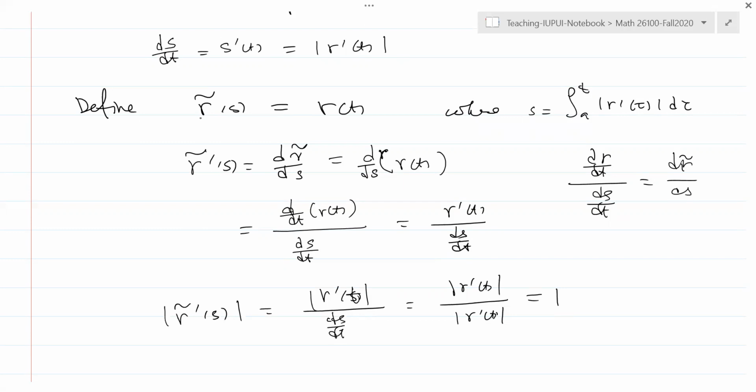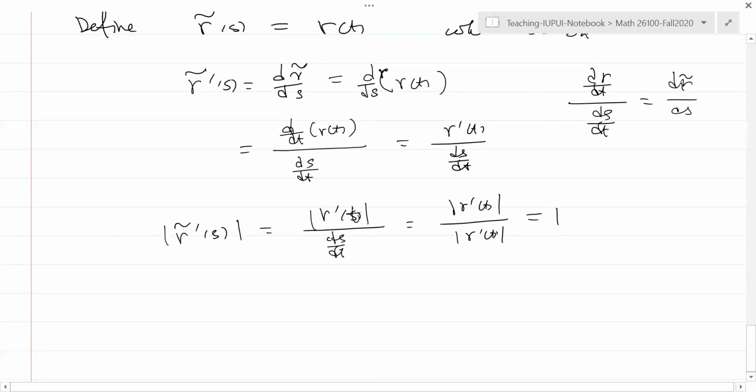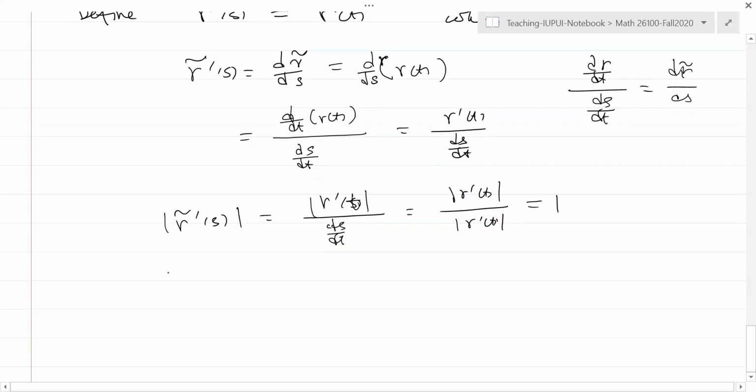Let me check if there's any different notation here. See, s is a function of t, so ds is s prime, which equals this.